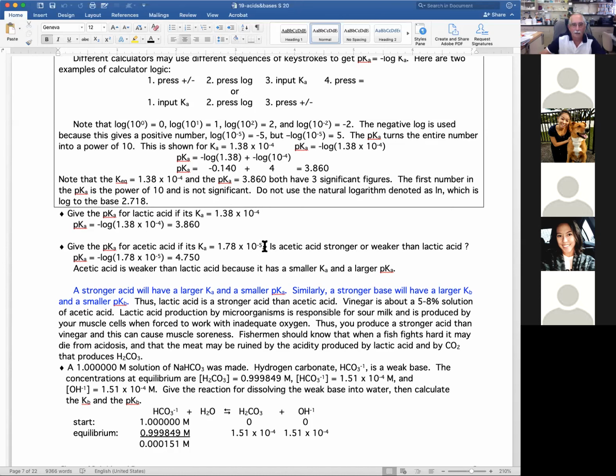What about the pKa? Oh, it's a bigger number. So what that means is a stronger acid will have a larger Ka, but a smaller pKa. And likewise, a stronger base will have a larger Kb and a smaller pKb.